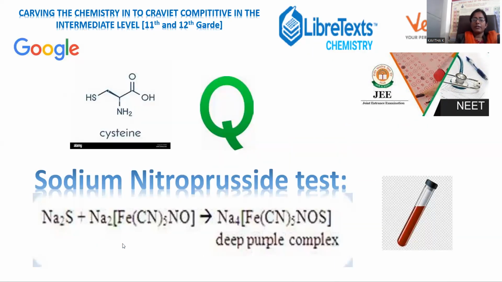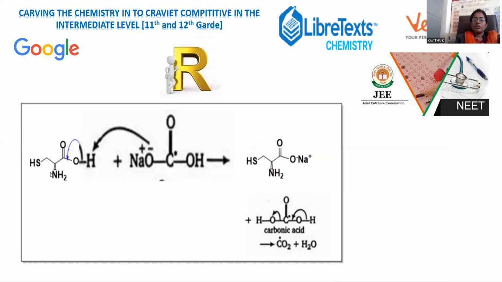Let's see how we can justify R. So again cysteine is taken and treated with sodium bicarbonate. NaHCO3 is called sodium bicarbonate, what we use as edible soda at home for baking purposes. Upon treating with cysteine, it will extract the H plus ion, and there is formation of the sodium salt of cysteine, and the carbonic acid generated can release carbon dioxide.